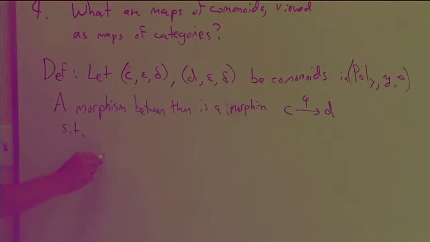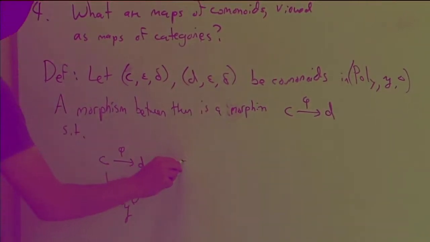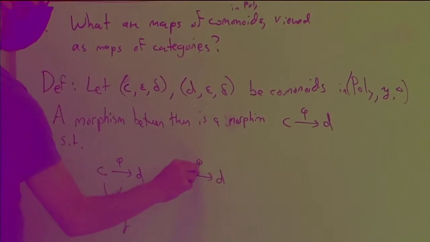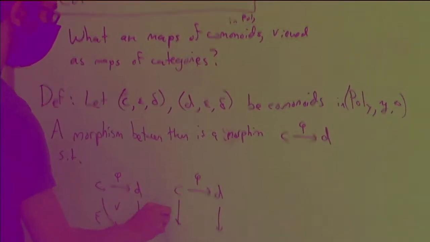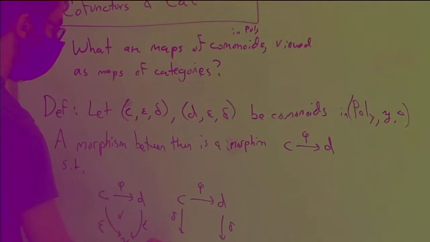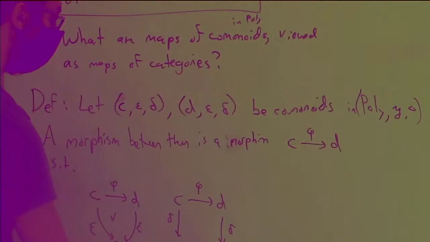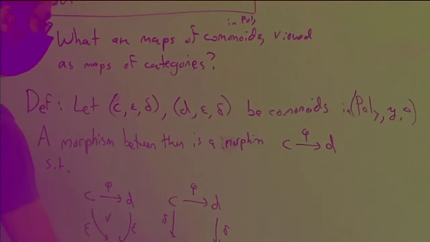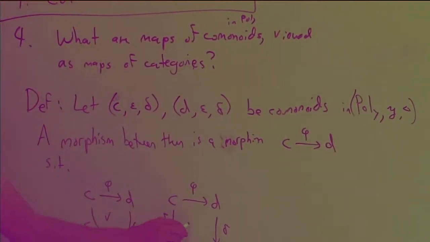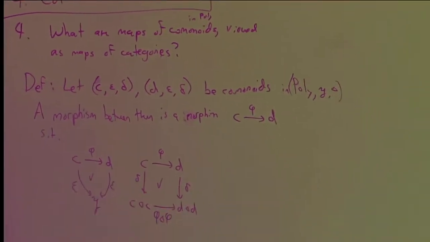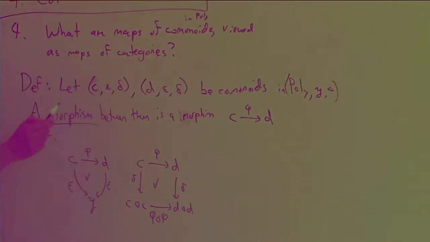One is you do phi from C to D, and then you go to y with epsilon in either case, and this should commute. And the other one is if you go from C to D, and then you delta both sides, and then you use phi monoidal product phi, that should commute. And so this is a map of comonoids.